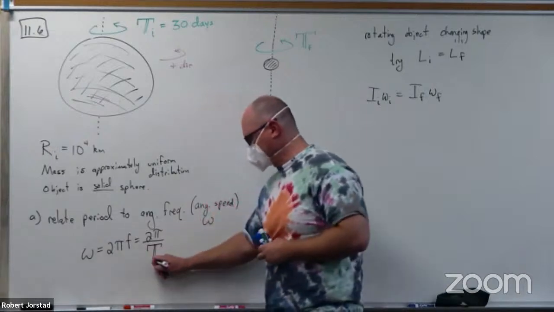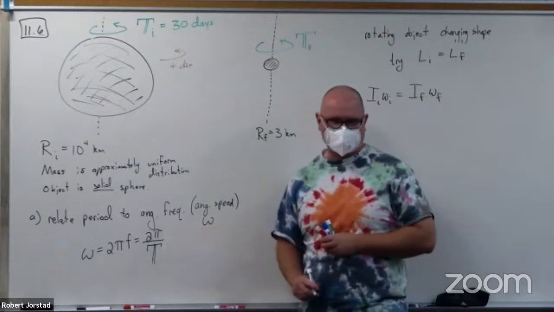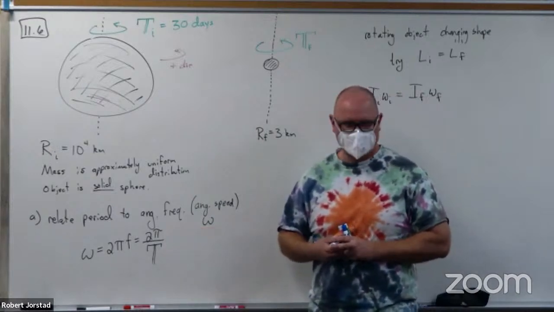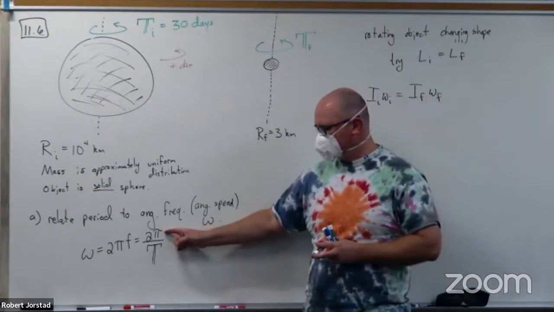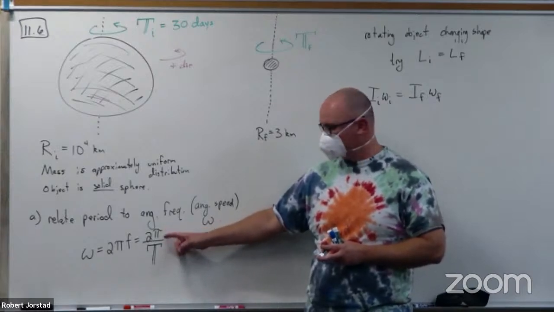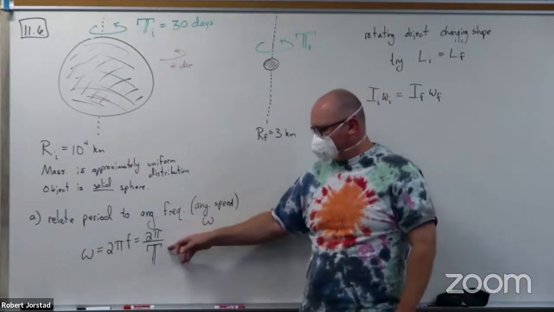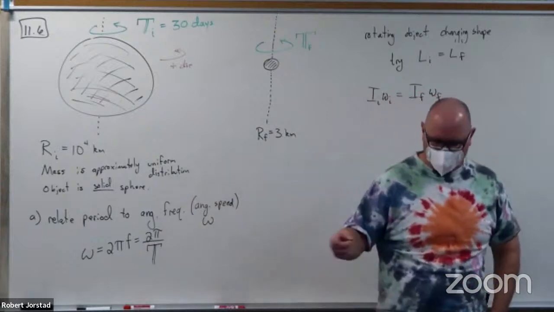I should add it to the equation sheet. I just keep forgetting. It's 2 pi over the period. Got it? One orbit, right? That's 2 pi radians over the time gives you how many radians per second? 2 pi over how many seconds it takes to go 2 pi.